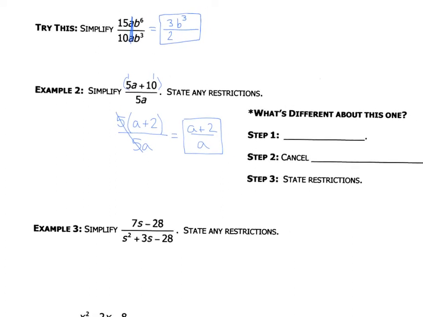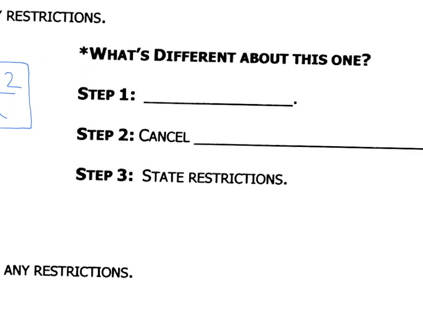Step 1 is, let me zoom in closer so I can write better. Okay, factor. And you factor anything you can. Sometimes you'll factor the top, sometimes it's only the bottom, sometimes it's both top and bottom. So you want to factor out whatever you can. Next step, what we did is we canceled common factors.